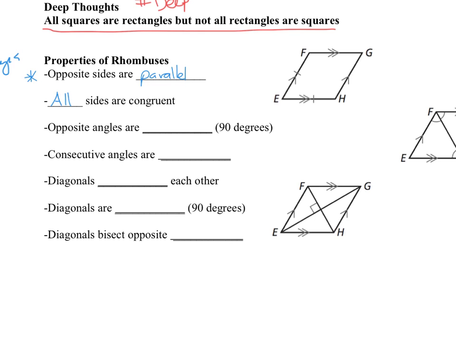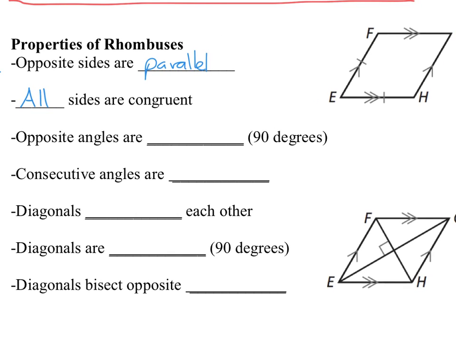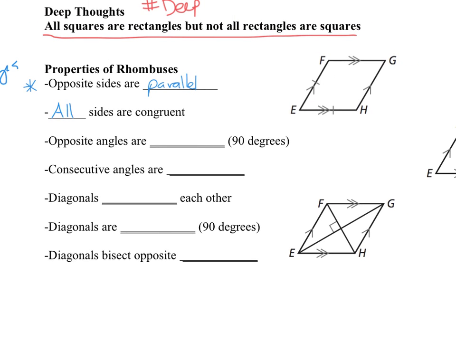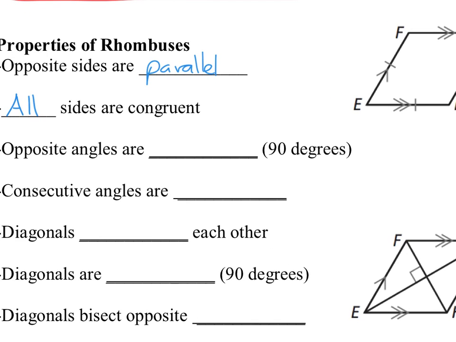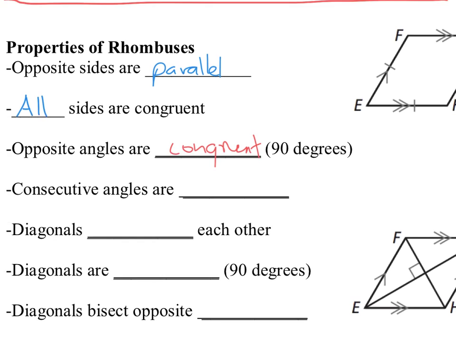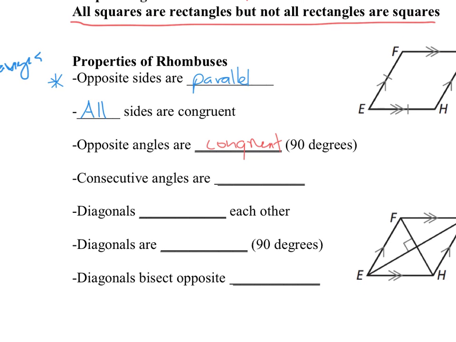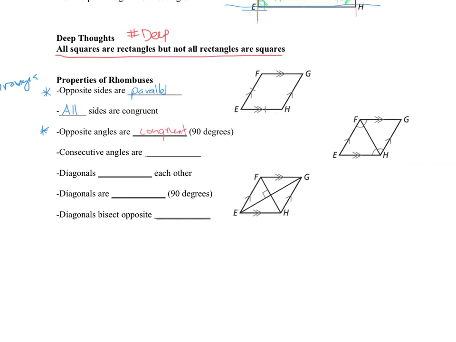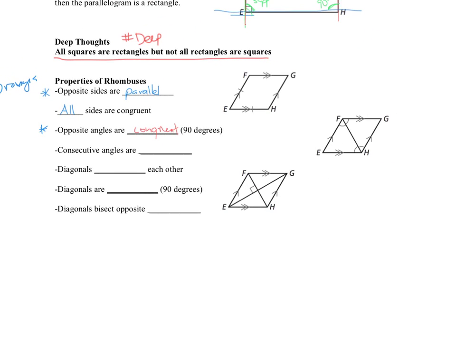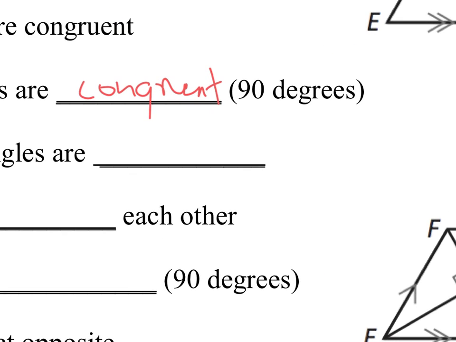Opposite angles are congruent, which was one of our parallelogram characteristics. Consecutive angles, again from the rectangles, are still supplementary.